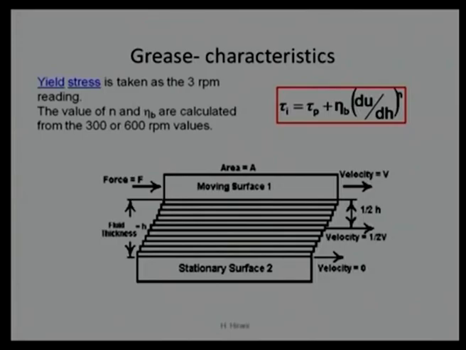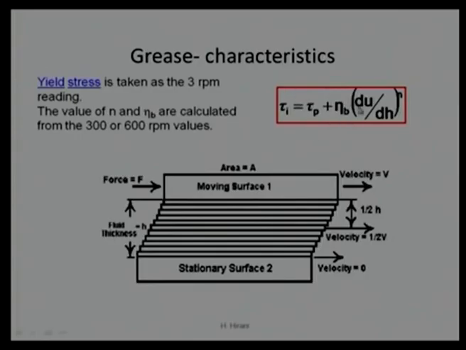What is a rheometer? We will describe it later, but in a rheometer we operate at 3 rpm with a standard size of rotor, and whatever the resistance or yield strength comes, that will turn out to be tau p.